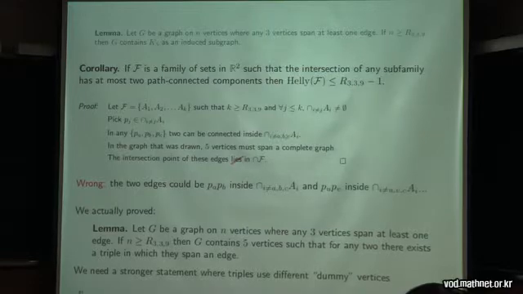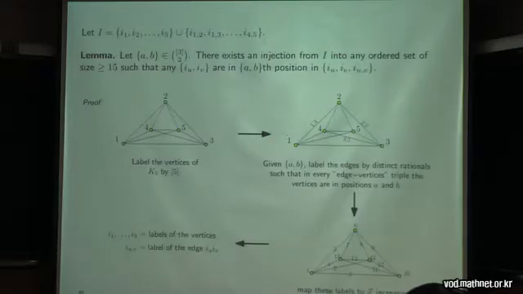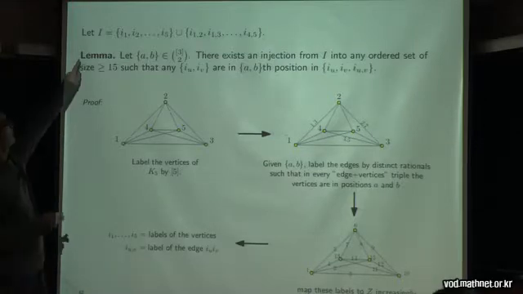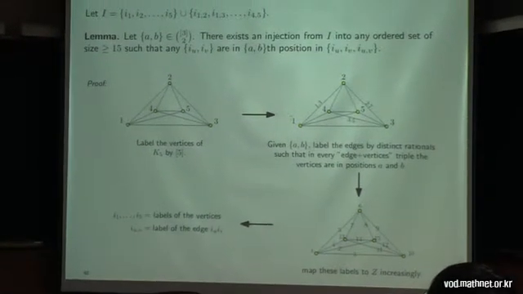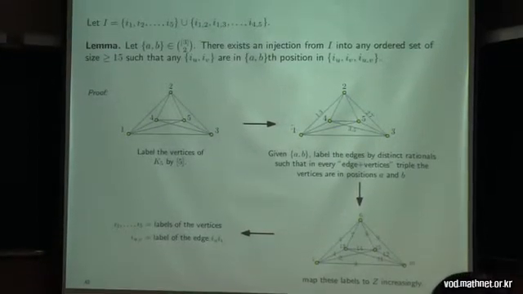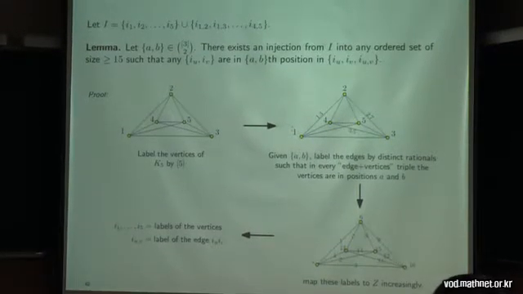So this can be gotten rid of by a simple trick. Now, I'm going to find an injection of this into, okay. What I'm going to do is refine this argument and ensure that I can label the vertices and label the edges and map this into my set in a way that is suitable for finding those intersections.